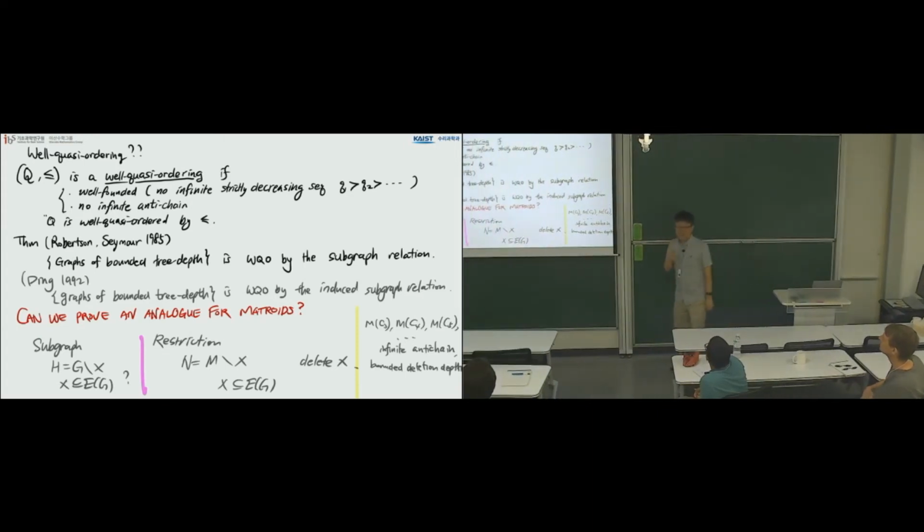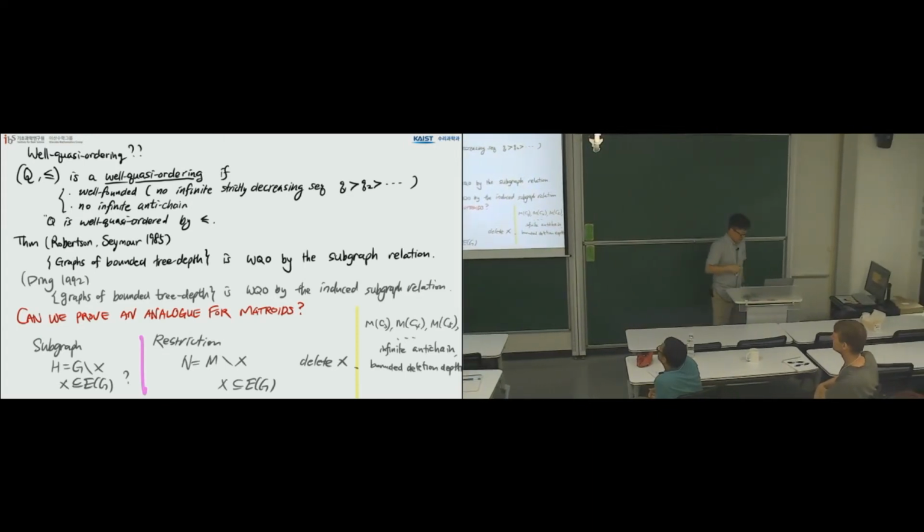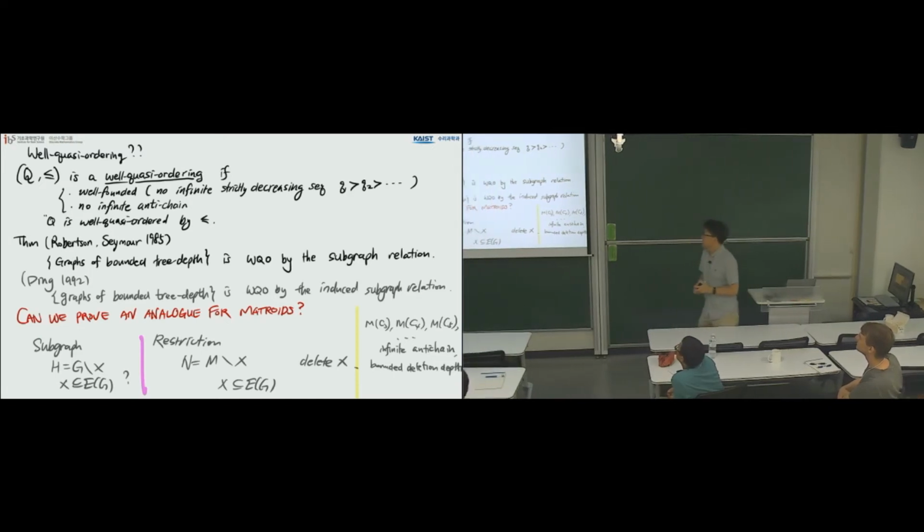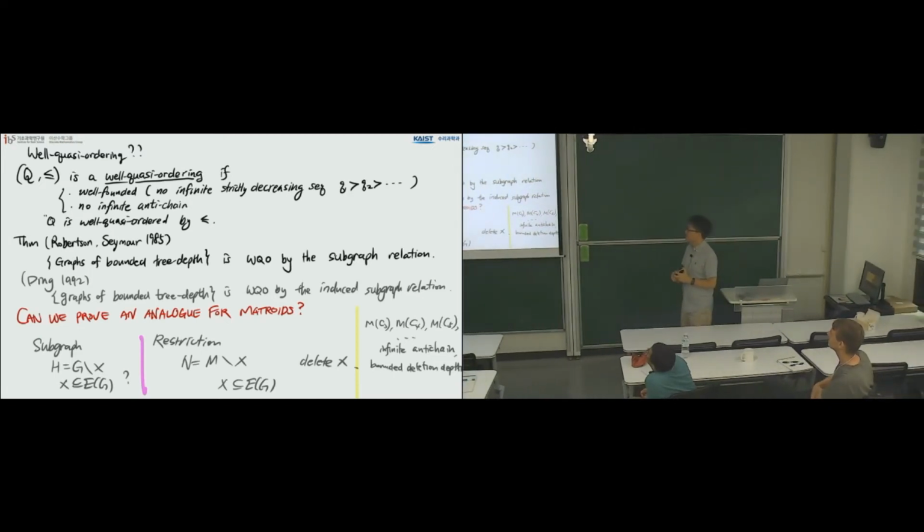And then Ding extended it: graphs of bounded tree depth are well-quasi-ordered by the induced subgraph relation. And we tried to find the analog for matroids.